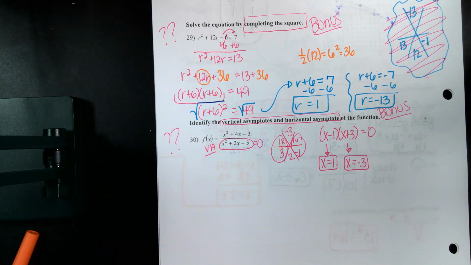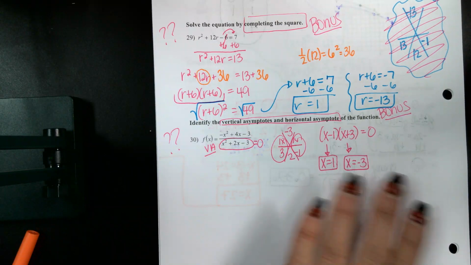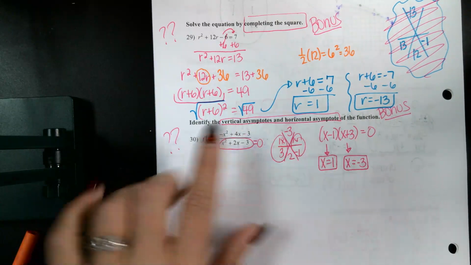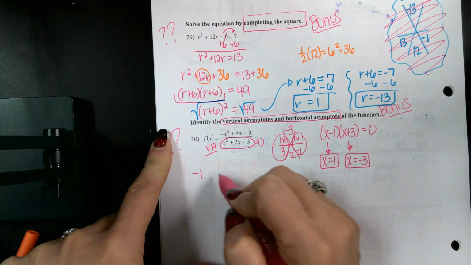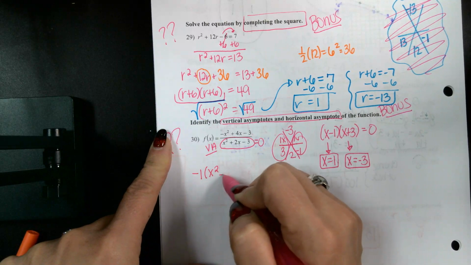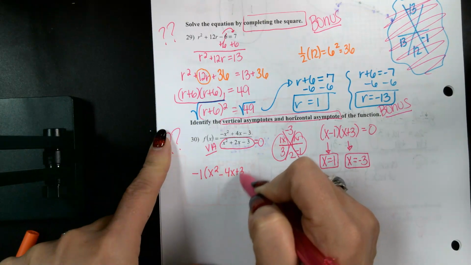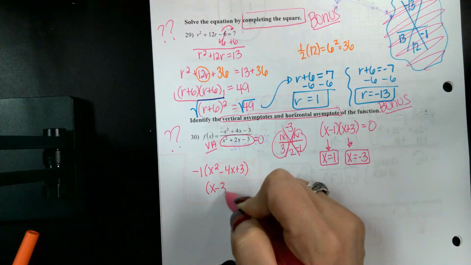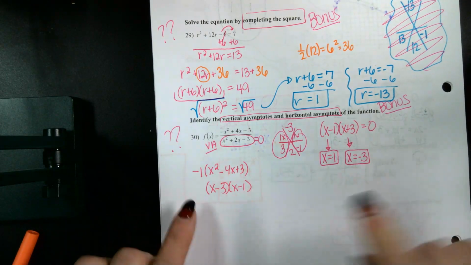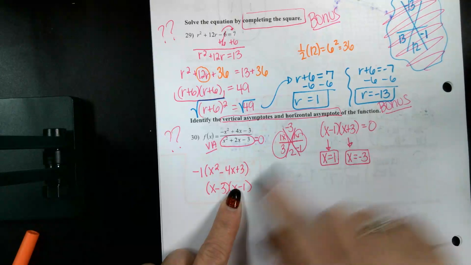Now I'm going to tell you, this one is just a weird case, but only one of those is actually the right answer, because if I had factored the top, if I had taken a negative 1 out of that, I would have had x minus 3 and x minus 1, and my x minus 1s would have canceled each other out.